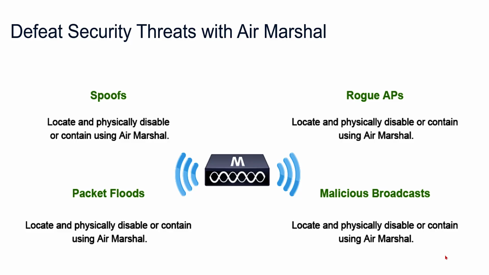Containment is also dangerous in terms of legal implications. You cannot interfere with external networks. I had a situation with a customer many years ago where they were containing a Starbucks AP, and that Starbucks wasn't even trying to spoof or evil twin their network.